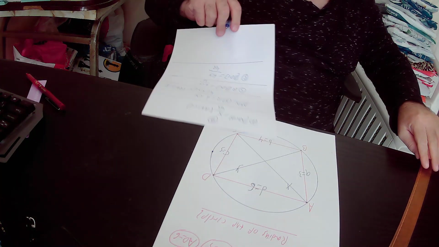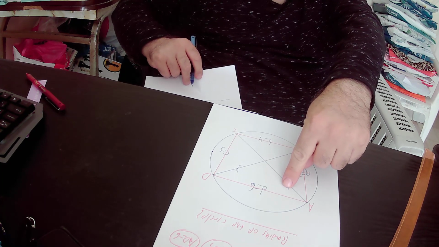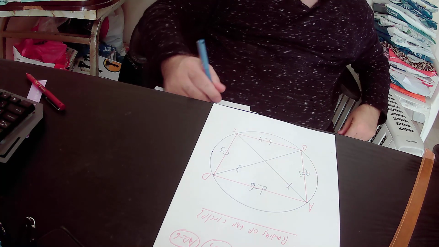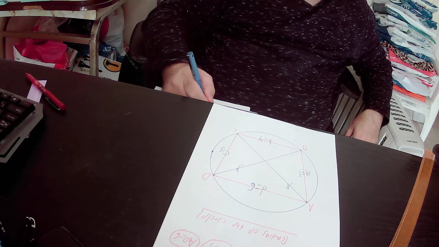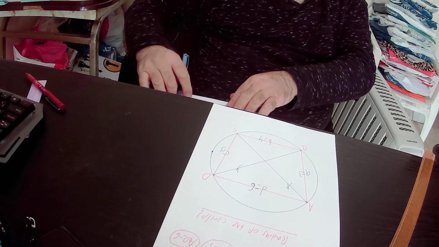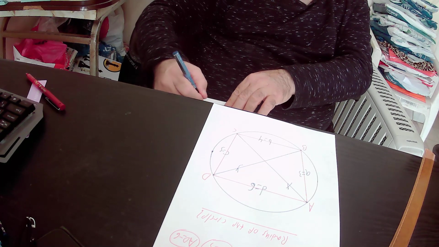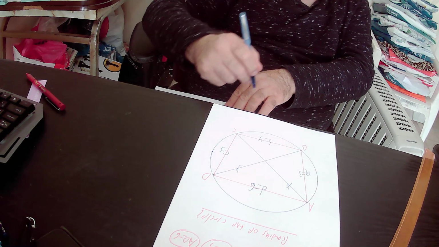So in the next step, we will focus on triangle ABD. This triangle ABD is inscribed by this blue circle.